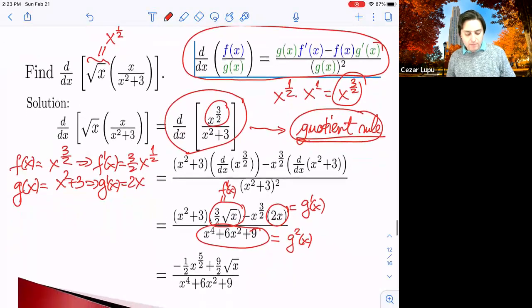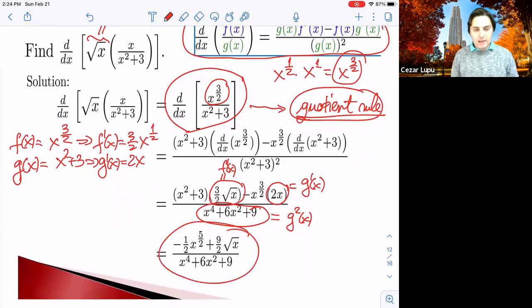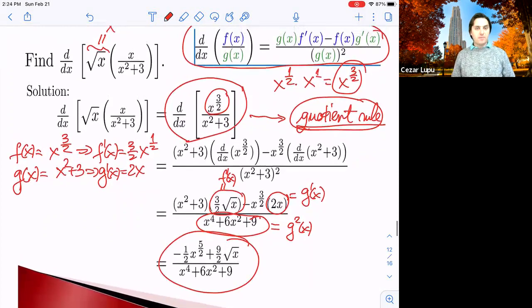And well, this is nothing else than just algebra, and you will end up with this mess here. Anyway, this is just algebra. So this is another example. The main trick here was to observe that you can express radical x as x to the power 1/2, and then you multiply with x, and then you have the quotient of two functions, and then you can apply directly the quotient rule.